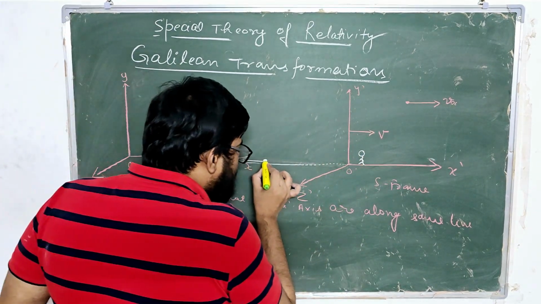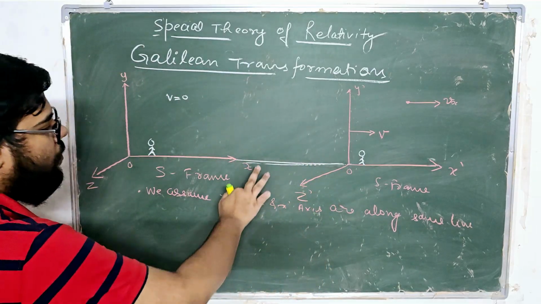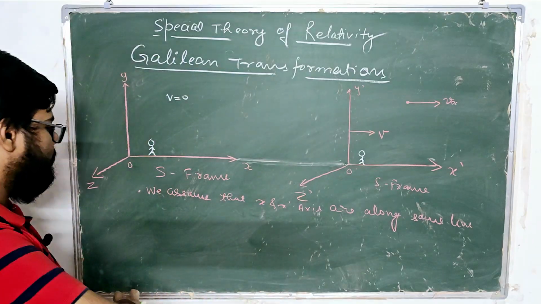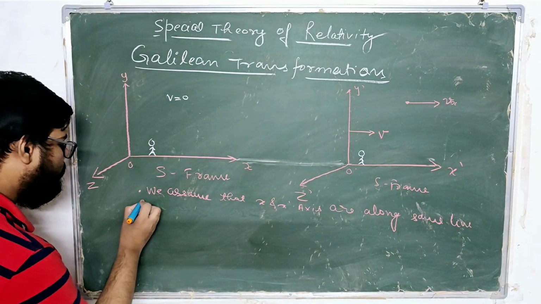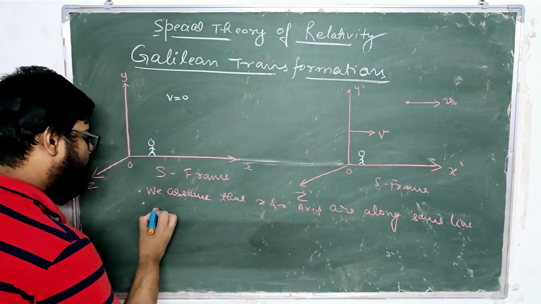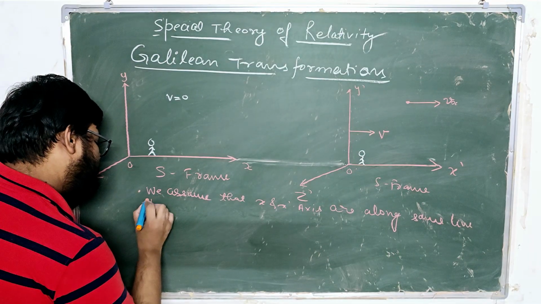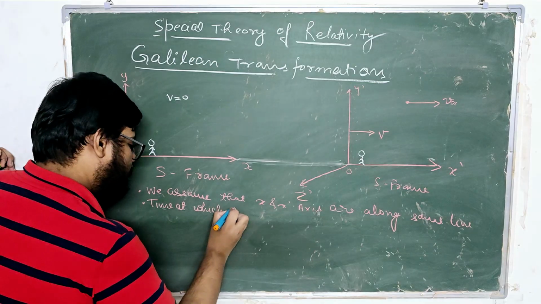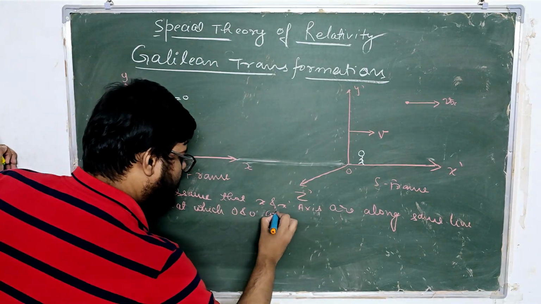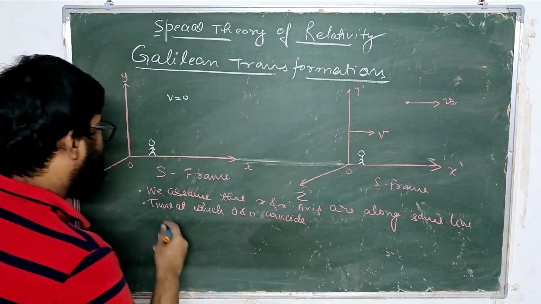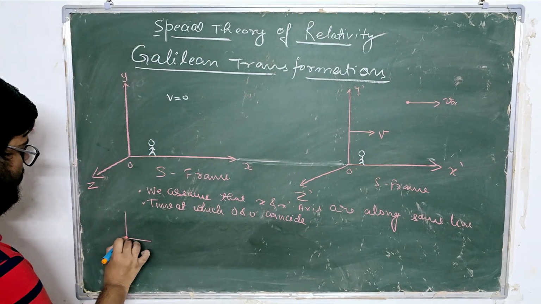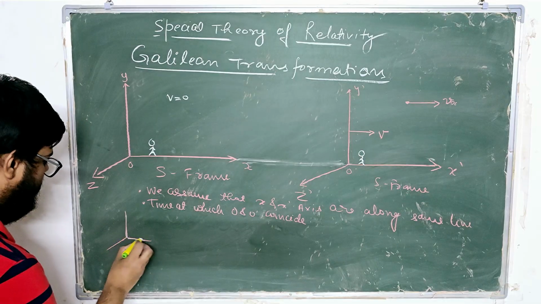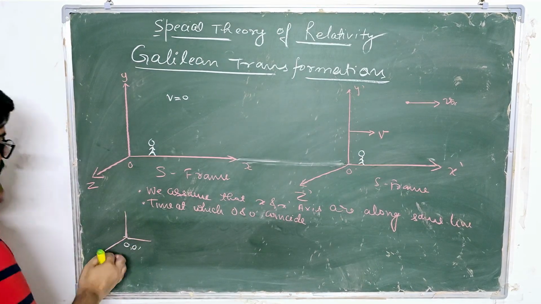Now what is the second point? The time at which O and O dash coincide, when they both are like this.